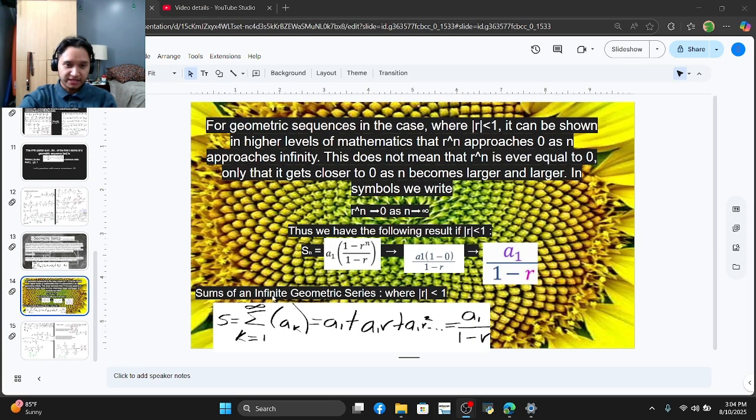So to write it in this way, in the sum notation, would be the summation of the first term through the infinity in terms of a sub k. And as you see here is the first term as it's been added to the second term times the radius.